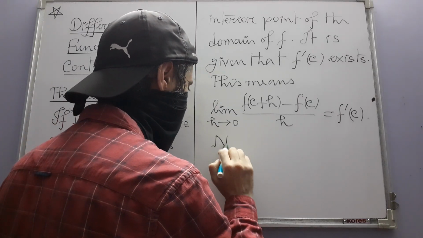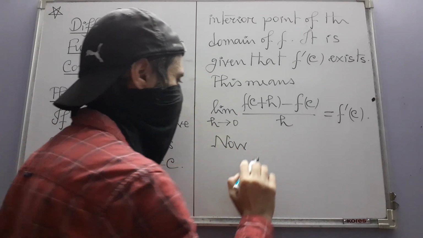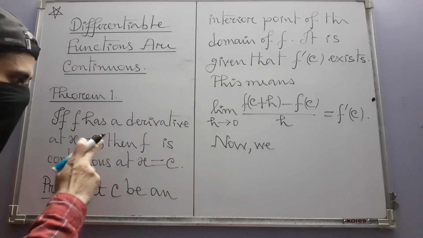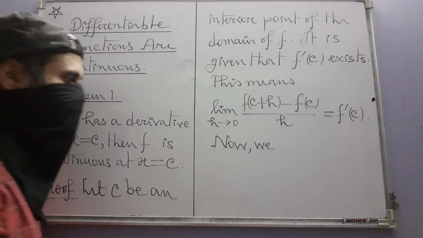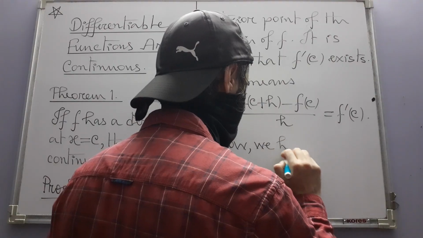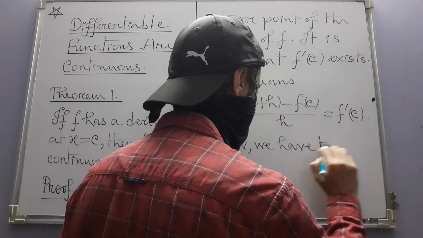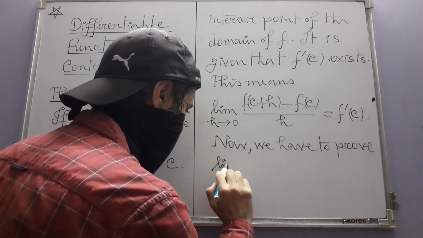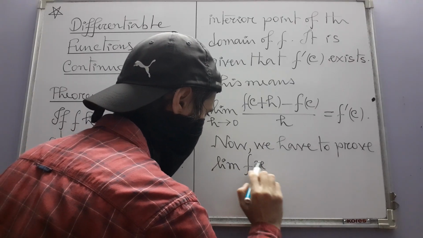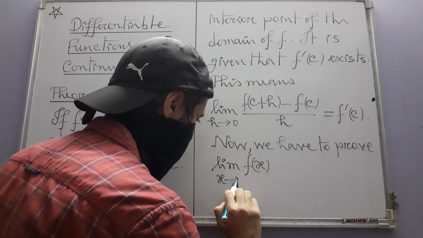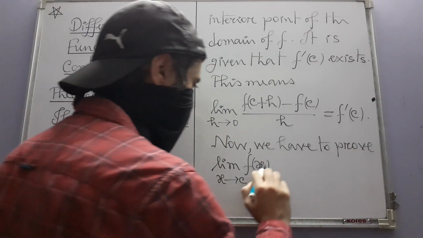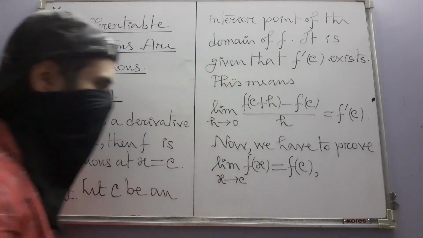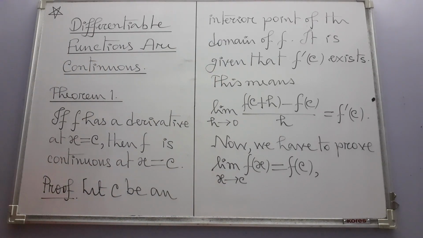Now, what do we have to prove? We have to prove that f is continuous at c. So, by definition of continuity, we have to prove this: the limit of the function as x tends to c should be equal to the value of the function at c. This is what we have to prove.